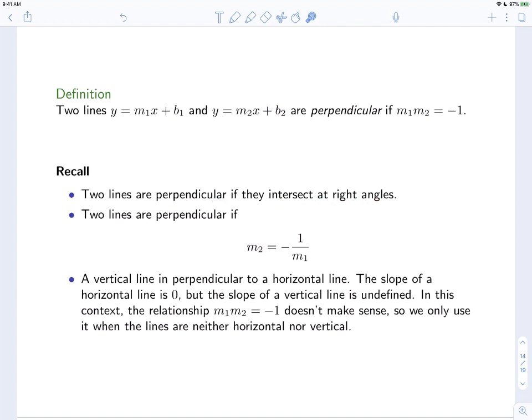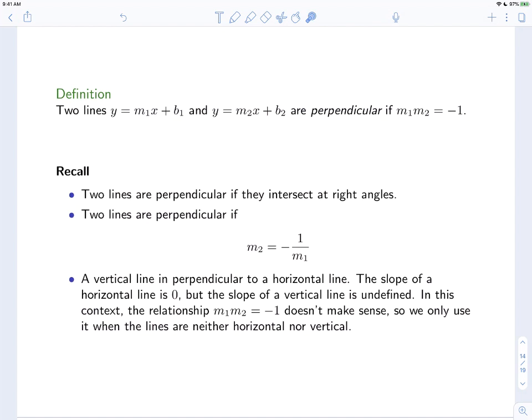But if two lines intersect at right angles, then their slopes have this property, m1 times m2 equals -1. Another way of writing that, if you solve for m2, m2 is equal to the opposite of 1 over m1. In other words, the slope of the second line is the opposite of the reciprocal of the slope of the first line.